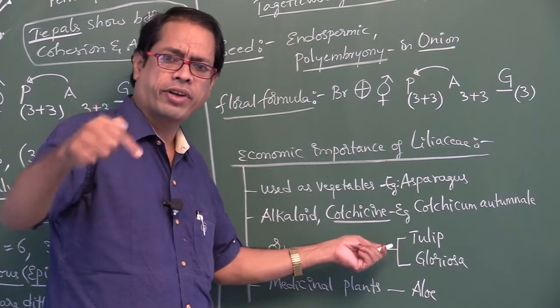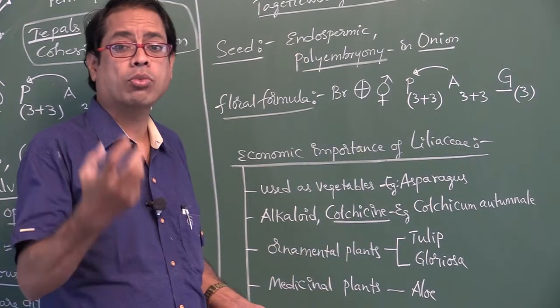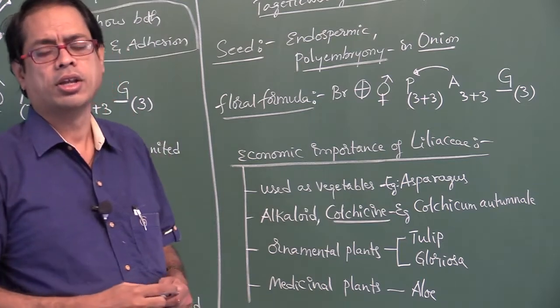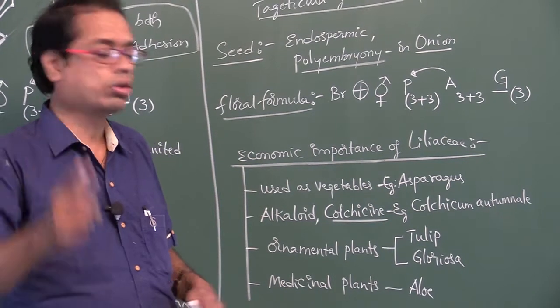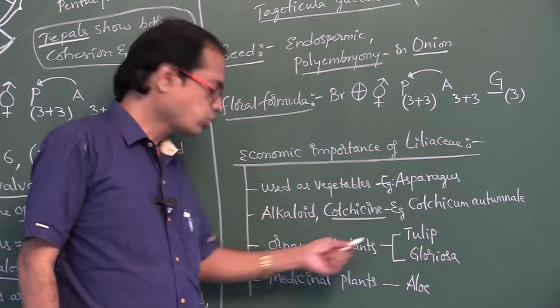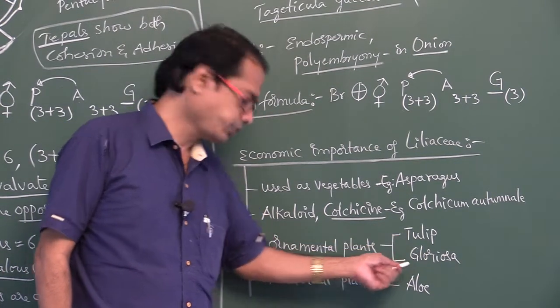If the virus infects more and more, those tulip flowers appear more beautiful in color. So more infection means more economic value in tulip flowers. So ornamental plants in Liliaceae: tulip, gloriosa.